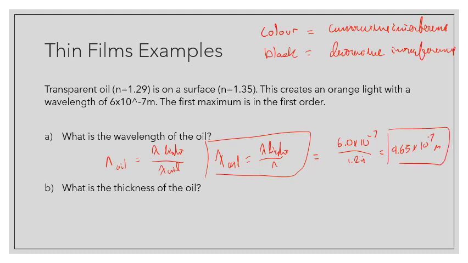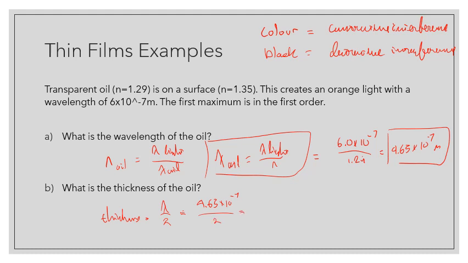Thickness of the oil, so we know this is the first maximum in the first order, so that's constructive interference in the first order. So thickness is equal to lambda over 2. So that's equal to 4.65 times 10⁻⁷ over 2.